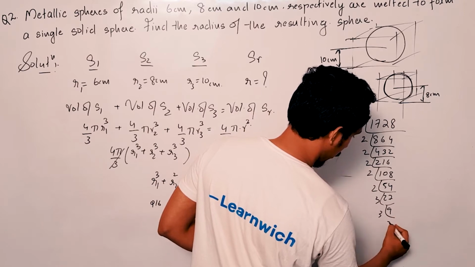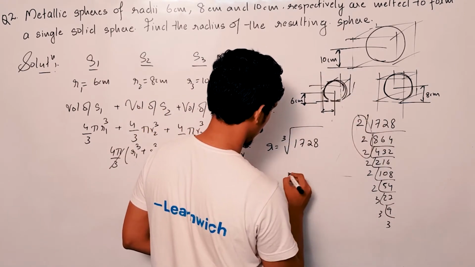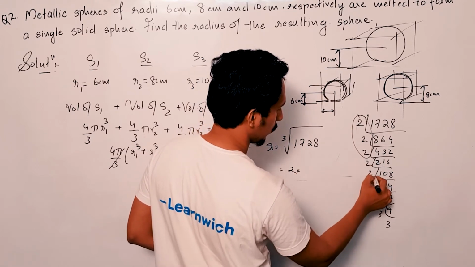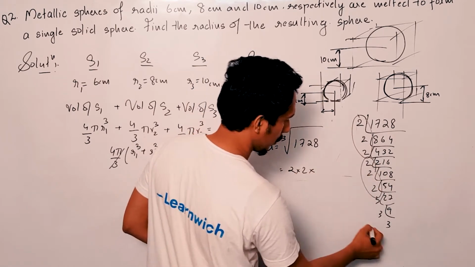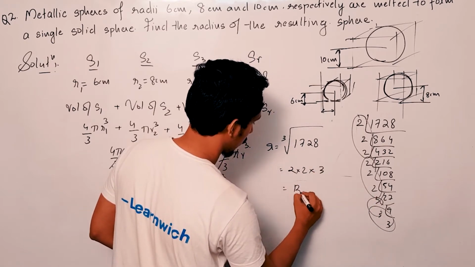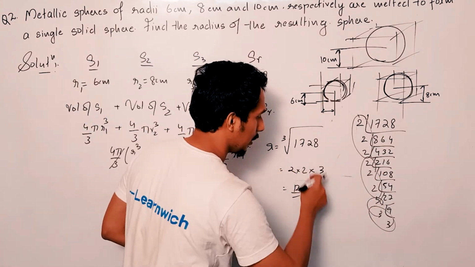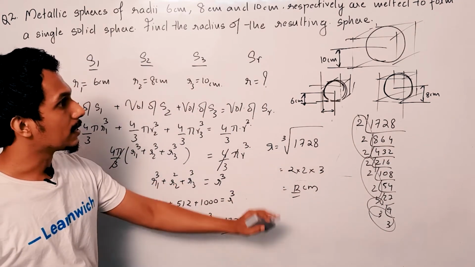Yeah, so this is 3 cube. So you'll combine 3 numbers at a time, that is 2 into 2 into 3, that is 4 3s are 12 centimeters. So radius of the resulting sphere, the sphere that was here, will be 12 centimeter.